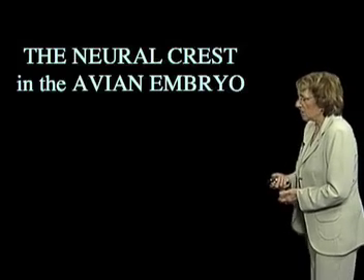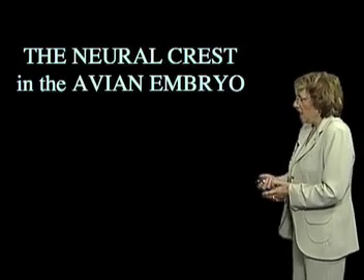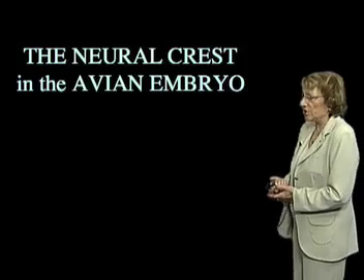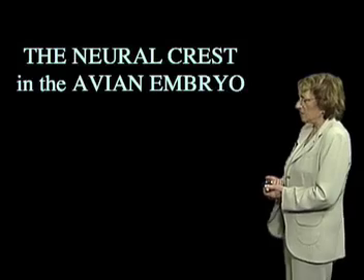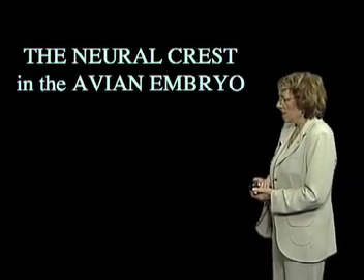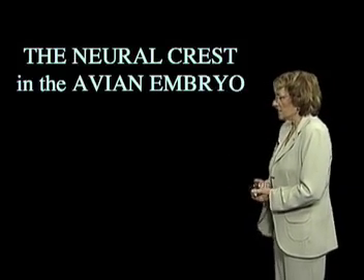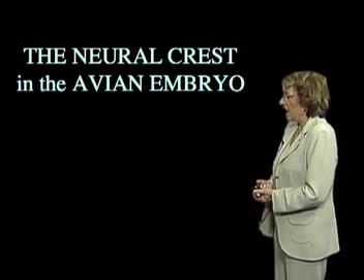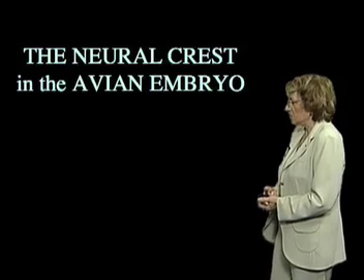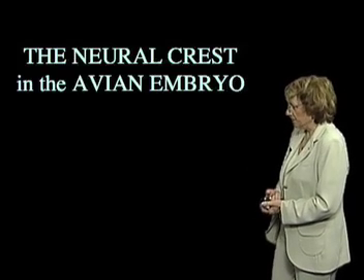This is the case of the neural crest and also of hemopoietic cells. And in my laboratory during the past years, those subjects, the neural crest and also the development of hemopoietic organs, have been the main subjects under study.